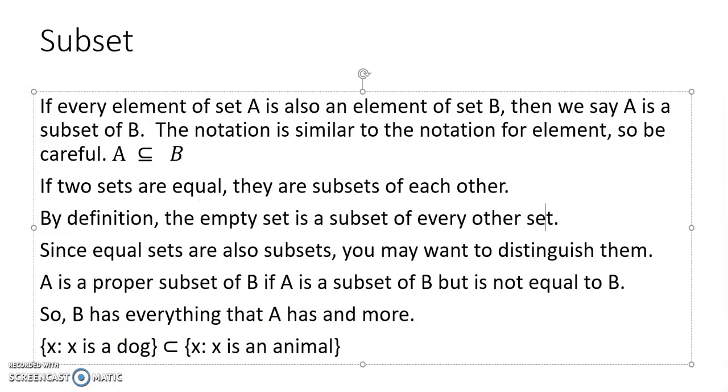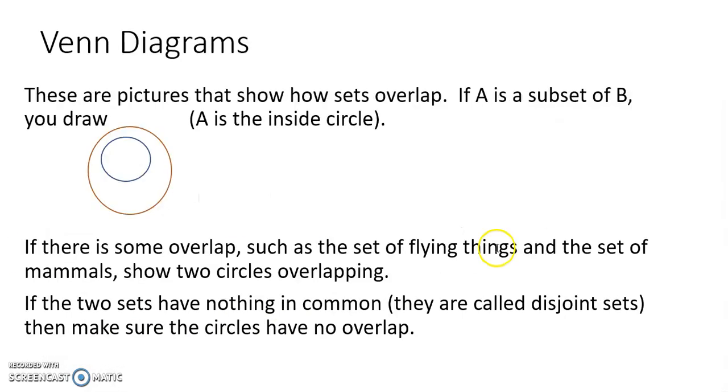Okay, now we have some pictures to talk about relationships between sets. What we're talking about with subsets: the blue set is inside of the red, or maroon, set. If one thing is a subset of the other, we just draw one circle inside of another.